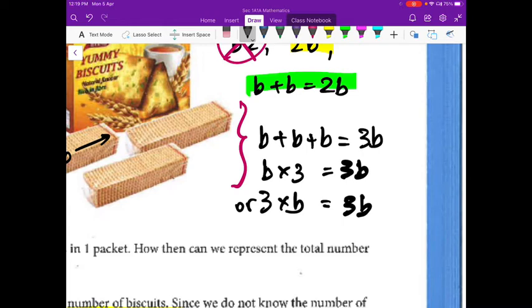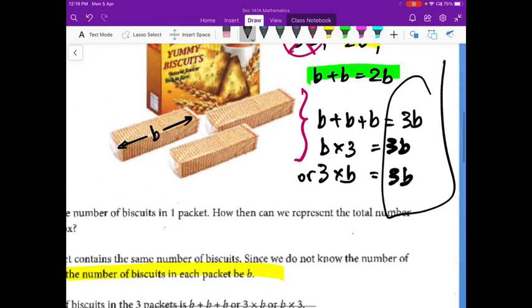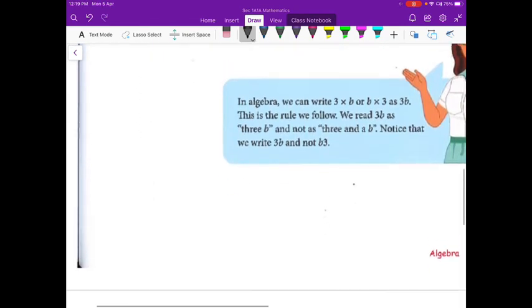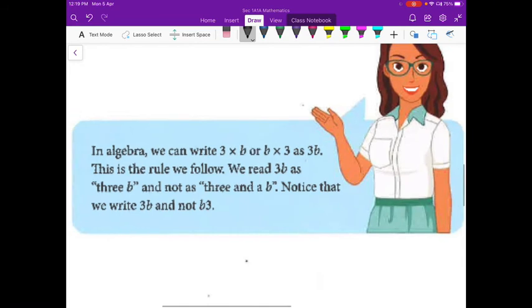It is the same as 5 times 2. What's 5 times 2? 10. What is 2 times 5? It's still 10. It's the same thing. But for our algebra, we ensure we write the number first. So that is emphasized at the bottom.